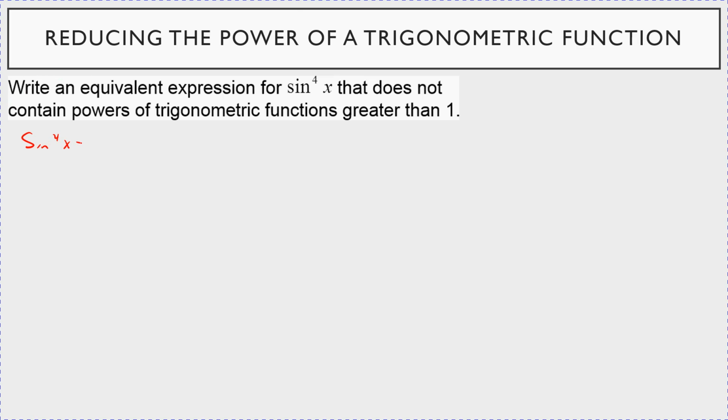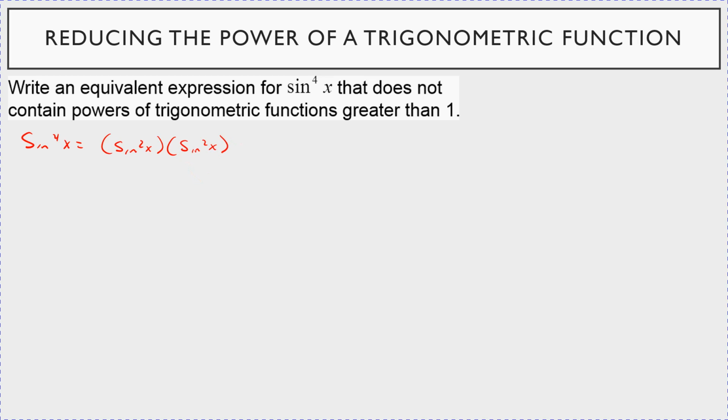So sine 4 of x. Would you agree? Basically, I want to get this so there's no exponents other than 1. So sine to the 4th power of x is the same thing as sine squared of x times sine squared of x.